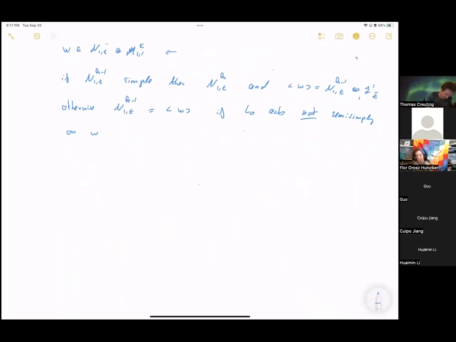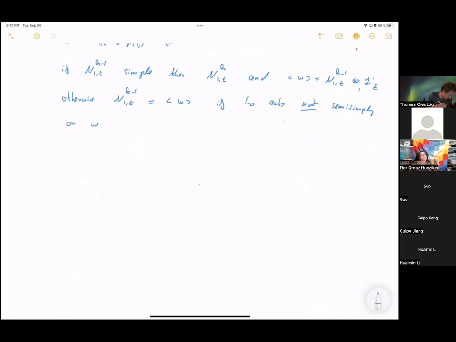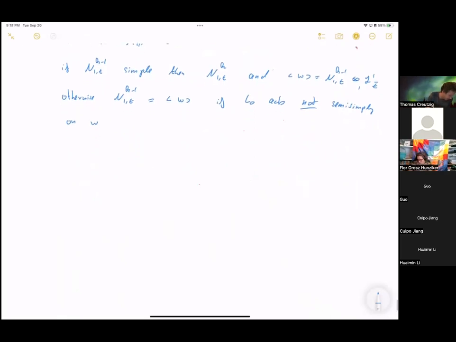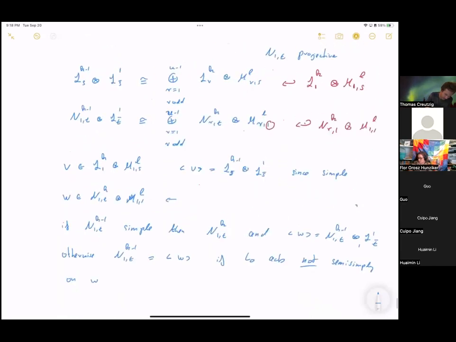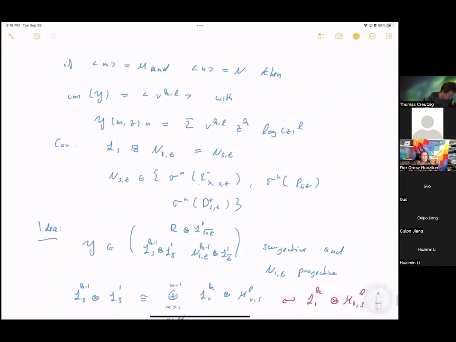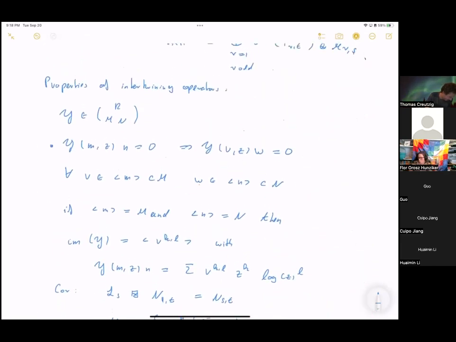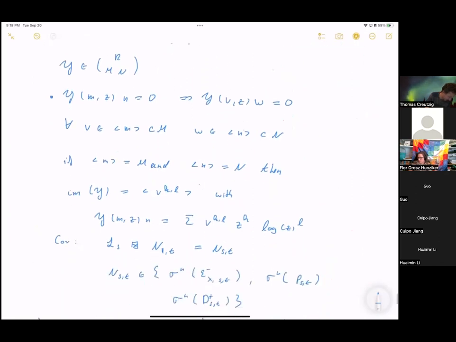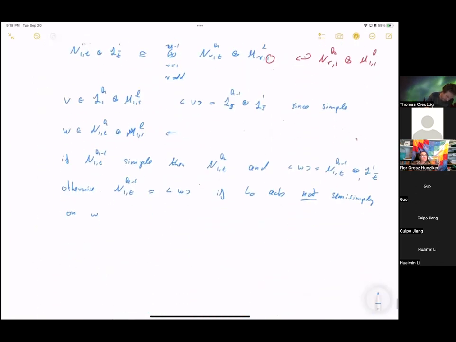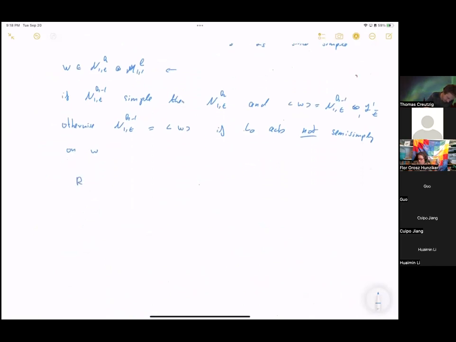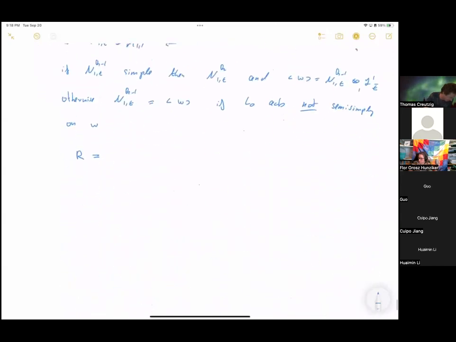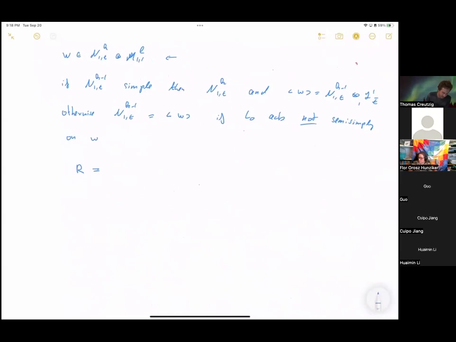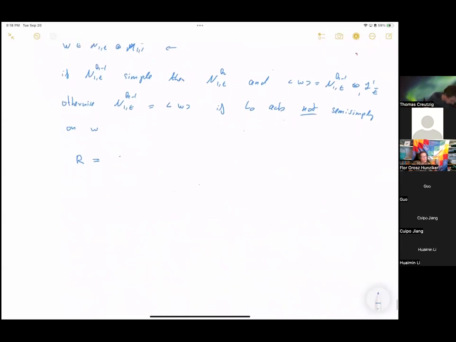Okay, but now we can apply our previous corollary. The previous corollary tells us that R, I assume this intertwining operator is surjective, so the corollary tells us the image of this intertwining operator is equal to the module generated by these two vectors.